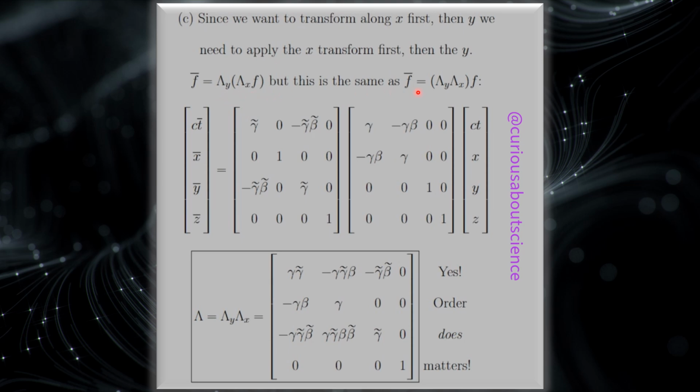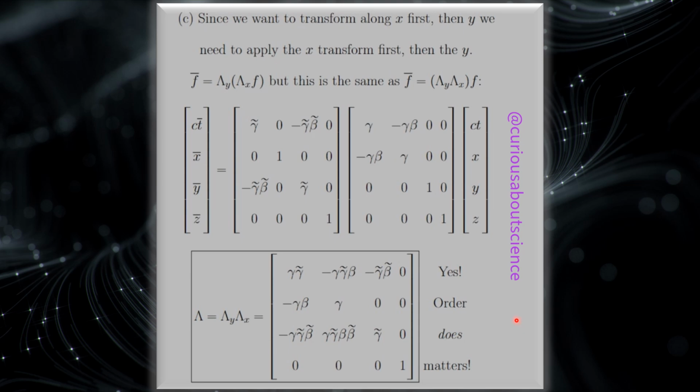But this is the same as f bar if we had just multiplied the two transformation matrices, but again, x first, then y. The reason why is because we're left with this thing here. So the barred coordinates, or the transformed coordinates, this is the y transformation, this is the x transformation, and these are the coordinates that we're trying to transform. So we have to multiply this into this, this into this. That gives us another column vector. And then we multiply this transformation into this one.